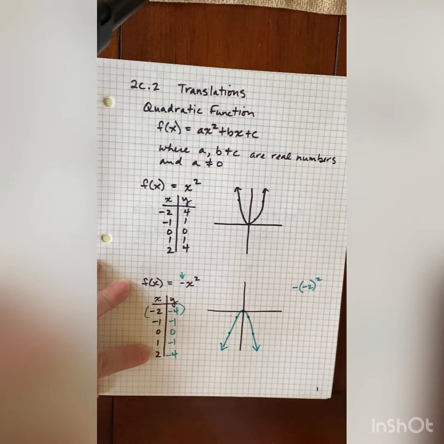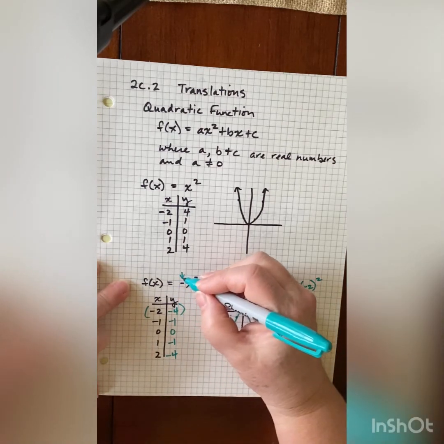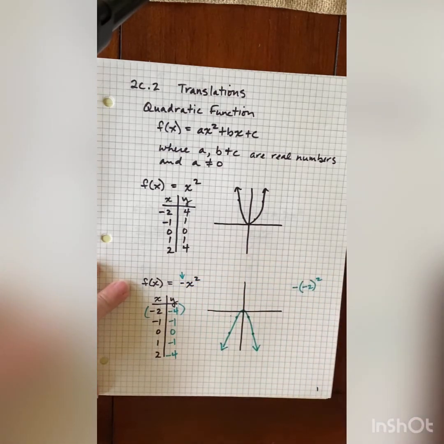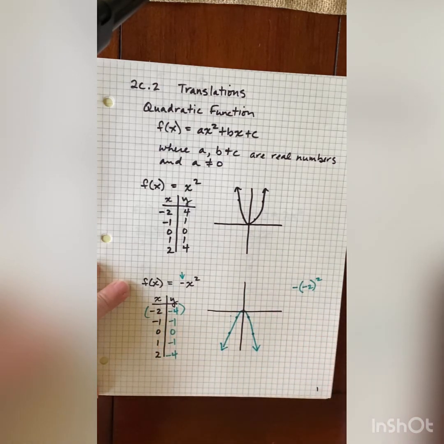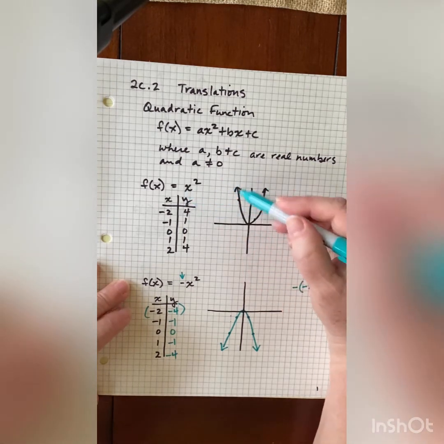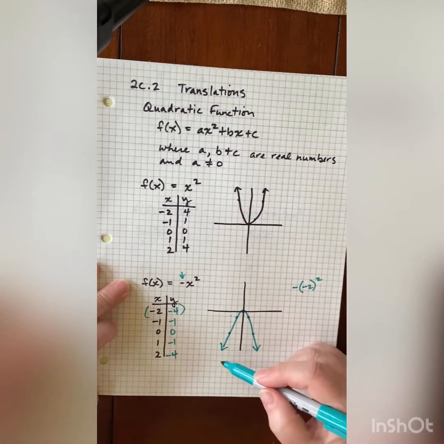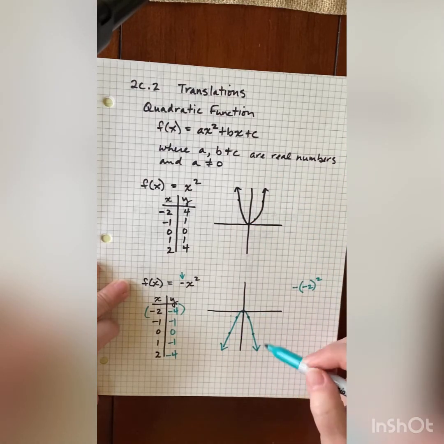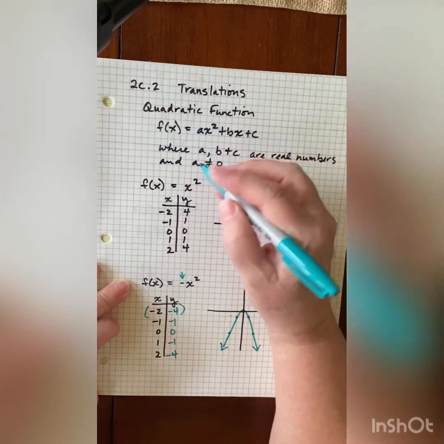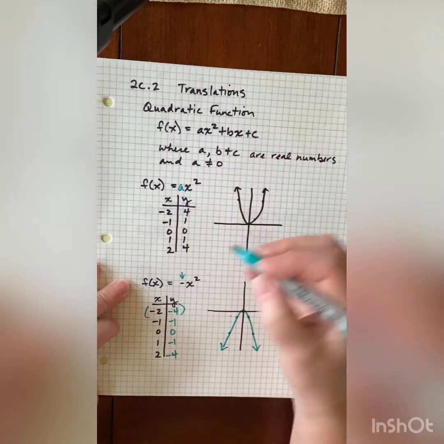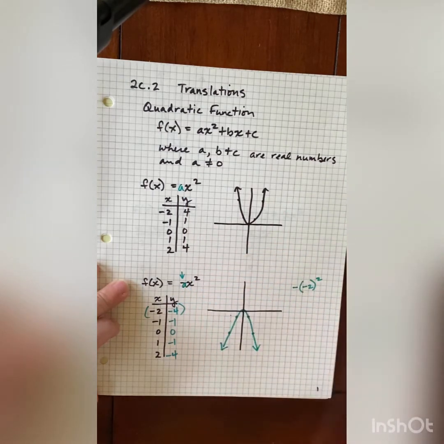Okay, so that negative sign right there is, well, it reflected it across the x-axis. So it flipped it, right? If it's positive, it's going to open up. If it is negative, it opens down. And remember, a is the number in front of your x squared. So that is your a is positive, and this would be your a is negative right there.